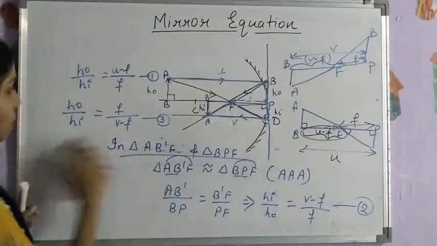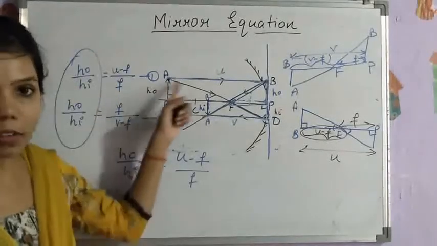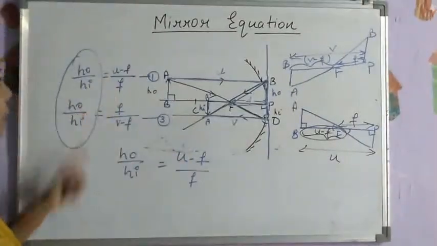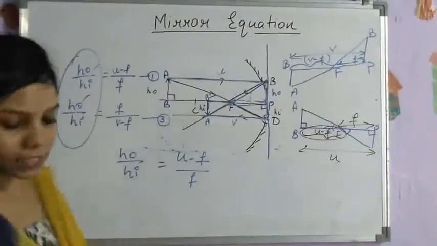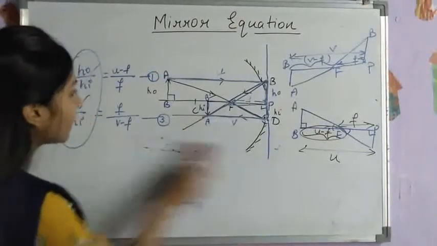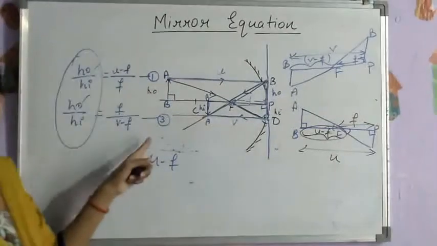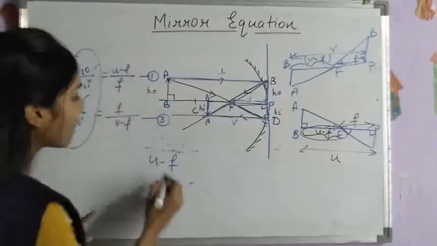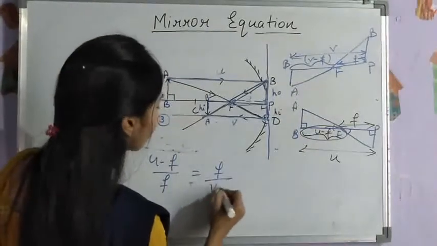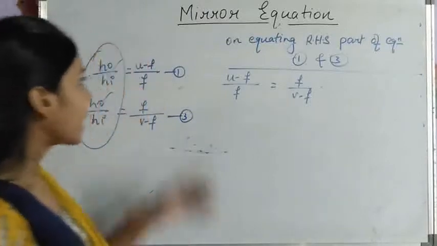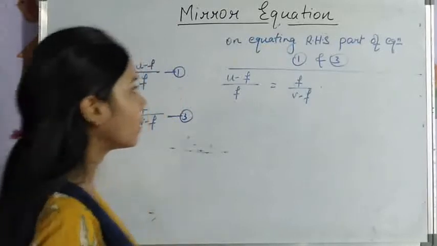On solving and simplifying, what we are going to get, let us see here. If you notice the left hand side of these two equations, you will find these two are similar. So we will consider only the right hand portion, and we will equate the right hand side terms.